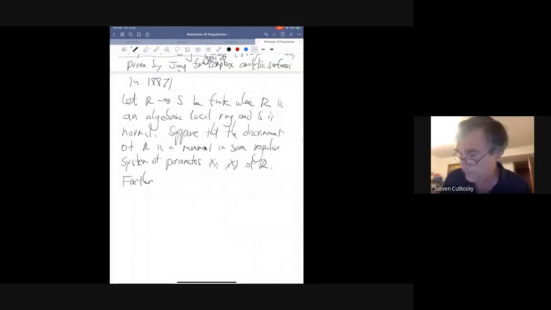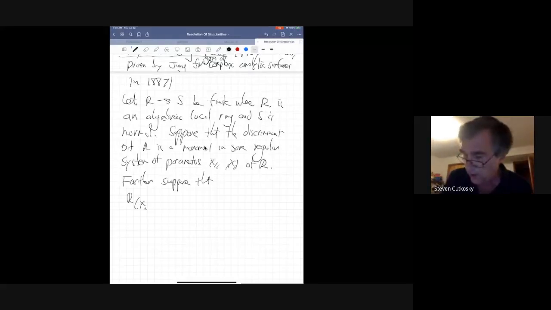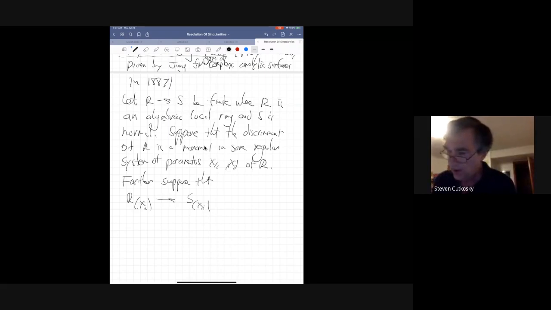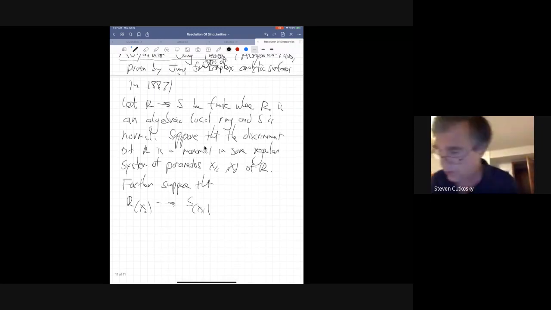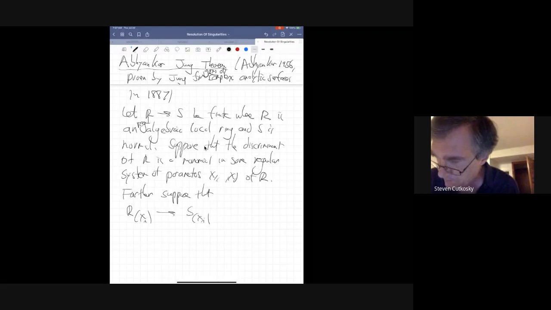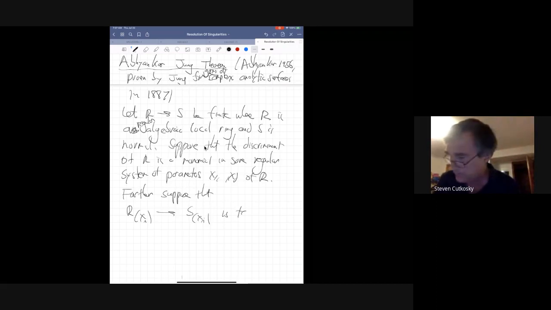Further, suppose that if I take R localized at the ideal generated by xi, that's a height 1 prime, to S. I left something out here, where R is regular. Assume that R_(xi) to S_(xi) is tamely ramified for all i.